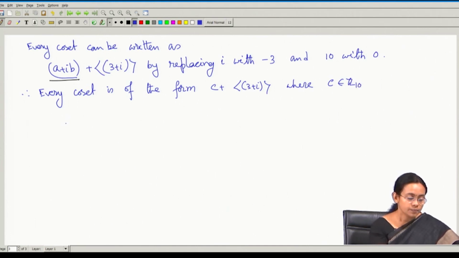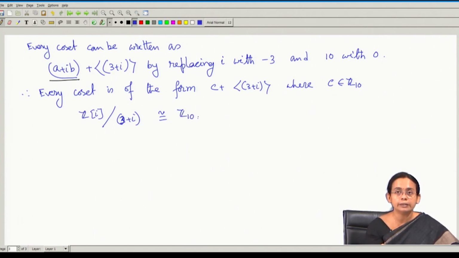So, what I am getting is that this quotient ring, Z[i] quotient 3 plus i, is in fact isomorphic with Z_10.